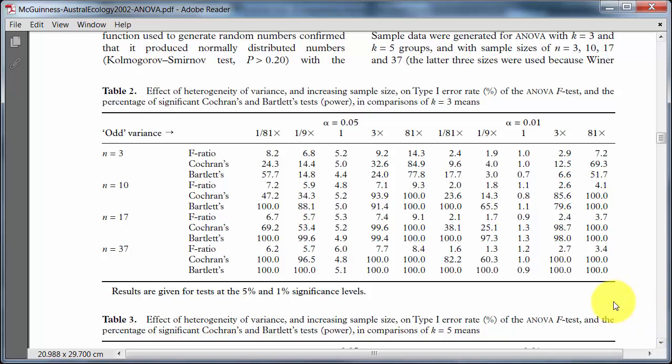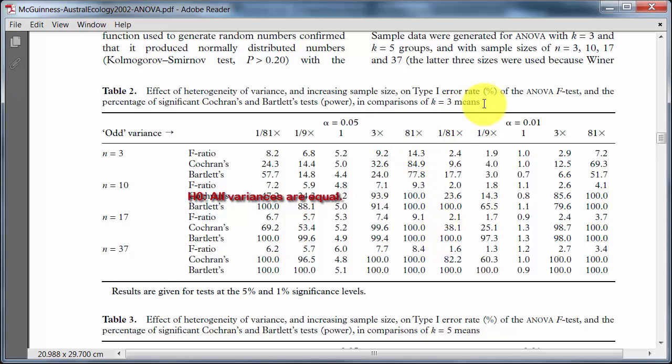Now here, Table 2 and Table 3 are the basic guts of this paper in terms of the results. Let me look at what I've got over here on the left-hand side for alpha equal to 0.05, so that's the standard 0.05 significance level.